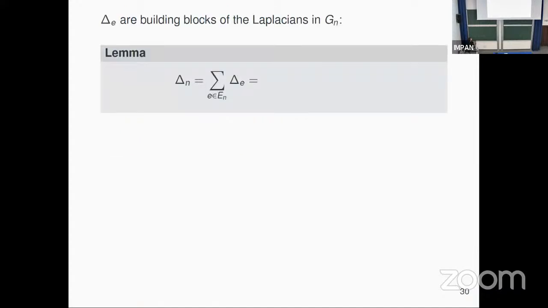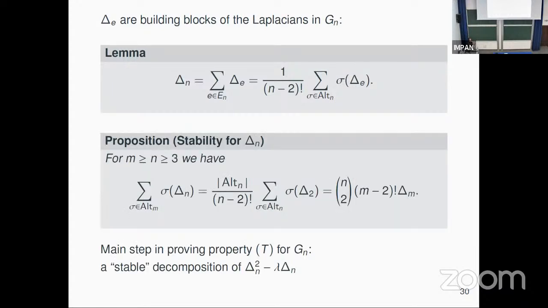So the key thing is to now decompose the Laplacian into smaller pieces that are coming from the edges. The first statement is that the Laplacian decomposes as a sum of the Laplacians over the edges. But you can also just fix one of the edges, use the action of the alternating group that permutes them, and write it in this form. So it's simply the sum over the normalized orbit.